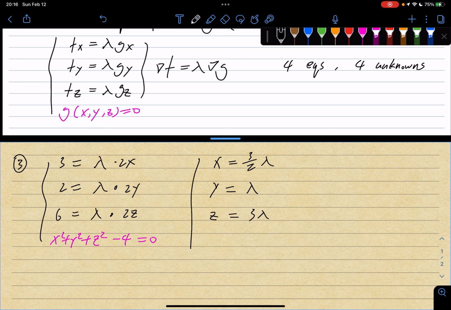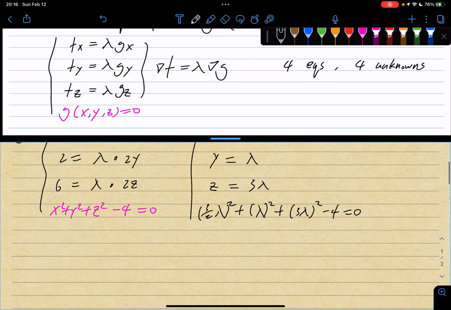So if we substitute x, y, z into the last equation, we're going to have 3 over 2 lambda squared plus lambda squared plus 3 lambda squared minus 4 equals 0, right? So we have 4 equations, 4 unknowns.